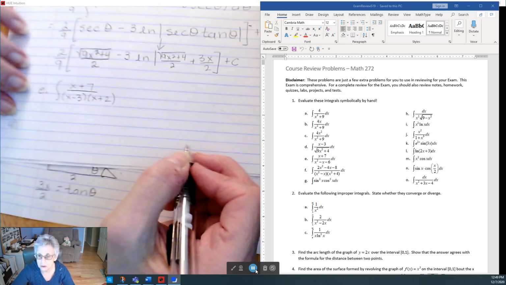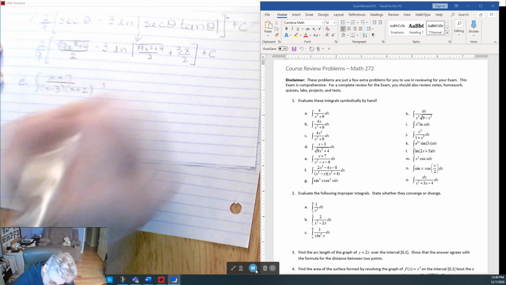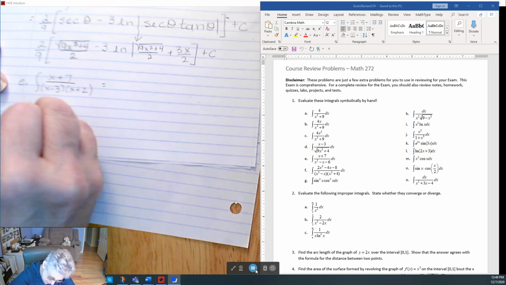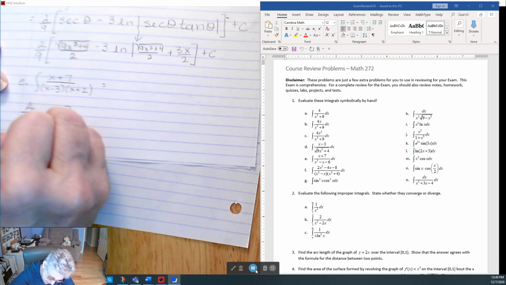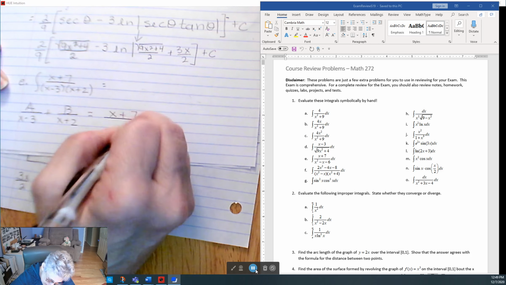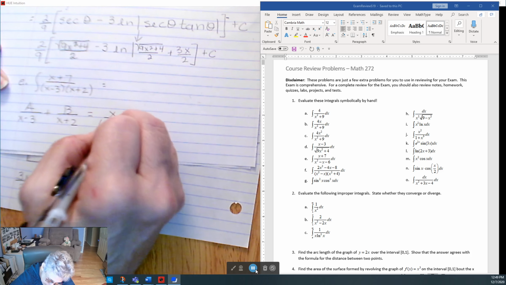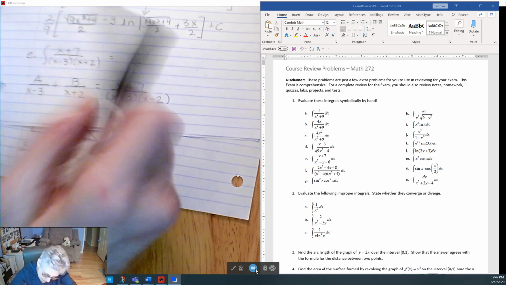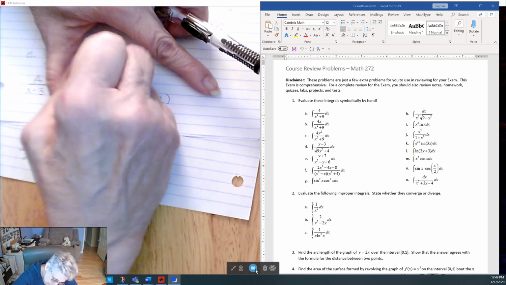Minus 3 plus 2 works for me. So I have a over x minus 3 plus b over x plus 2 is equal to x plus 7 over the product. And that should be minus 3 plus 2.